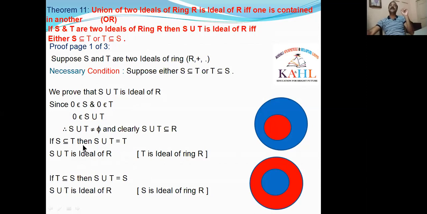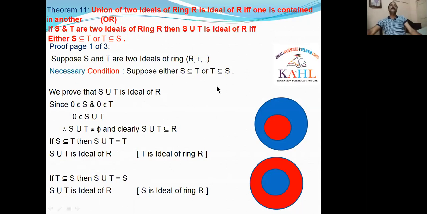Then you get the same proof. So you can follow the previous class and the previous material which was posted in your WhatsApp group. You can recollect it and try to write this necessary condition on your own.